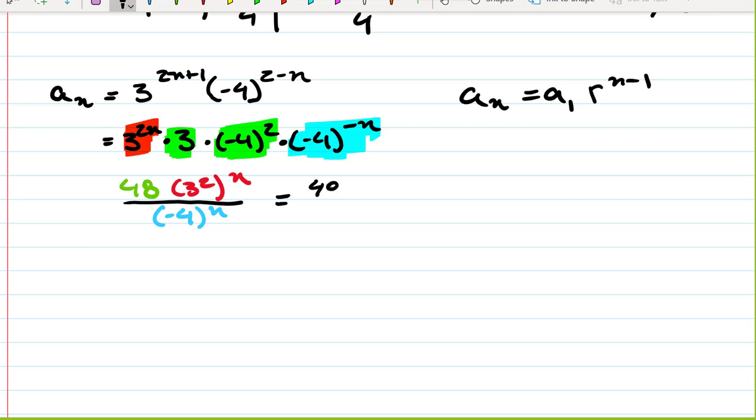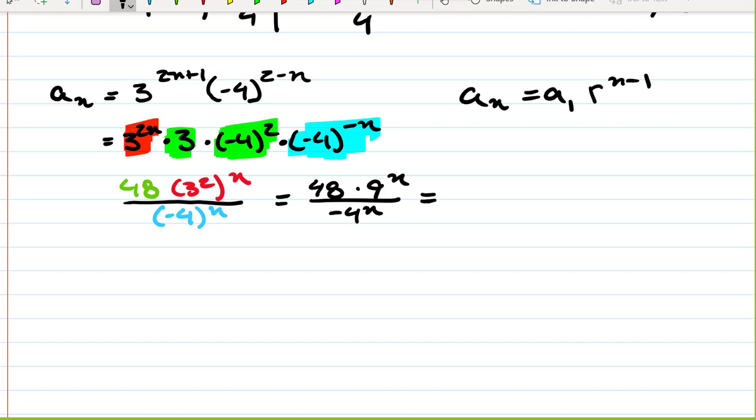So we keep simplifying. I have 48 times 3 squared is 9 to the n divided by negative 4 to the n, which if I really wanted to, I could leave it like this.